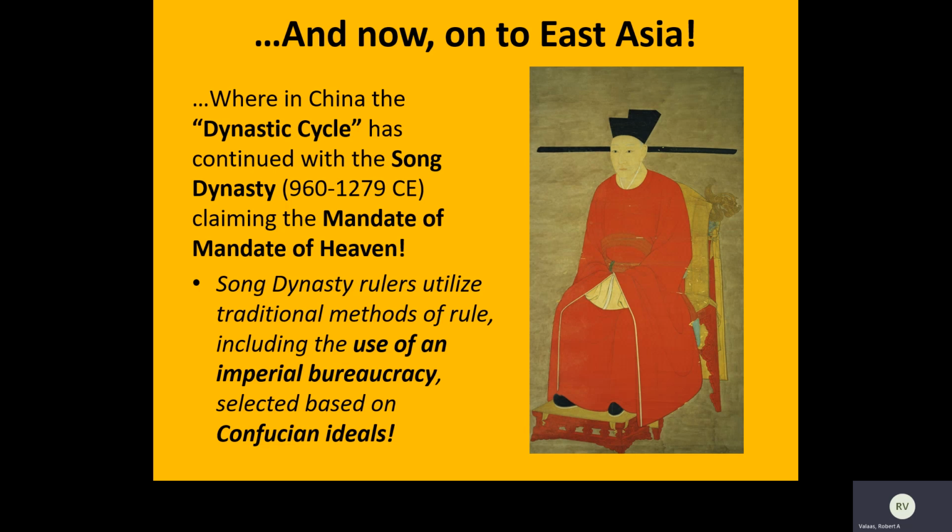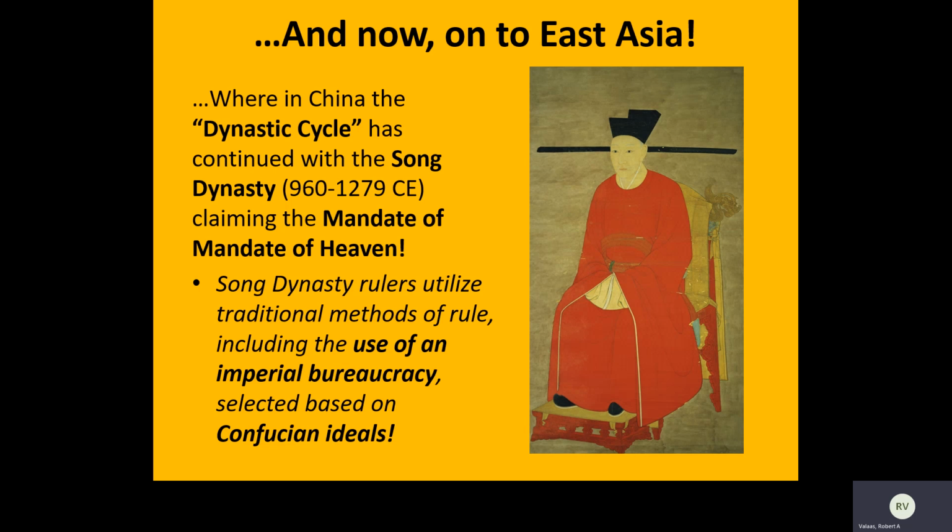This happens to be on the right the Song dynasty Emperor Gaozong, who ruled around the year 1200, claiming, as Chinese emperors had done for millennia, the right to rule with the mandate of heaven. The idea that his family, his dynasty had been chosen by the divine forces, chosen by the gods to be the rightful rulers of China.